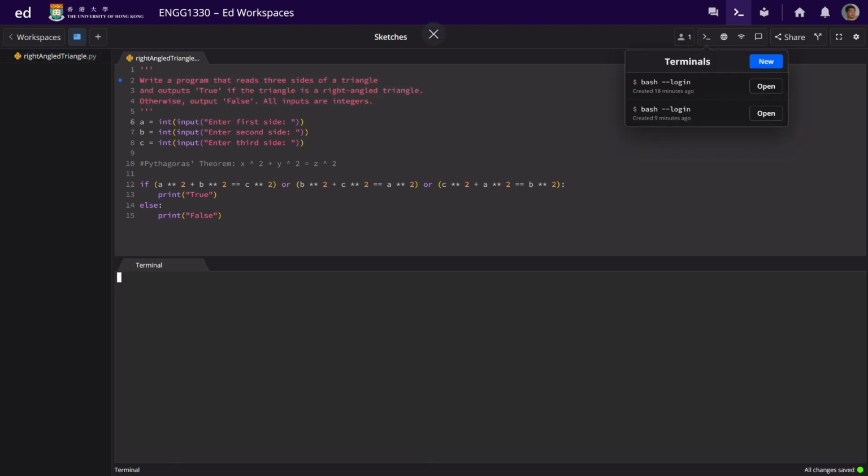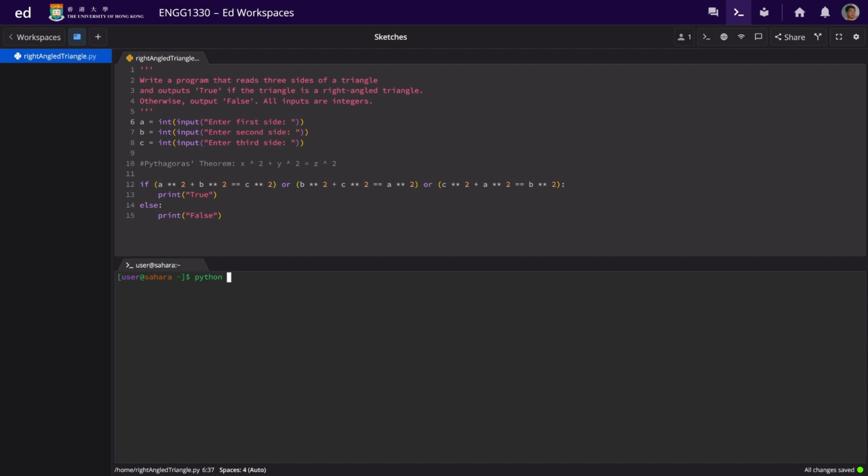We could give it a test. Python and plus the name of the file, which is right angled triangle .py. So we need to enter the three sides. Let's use the basic 3, 4, 5 combination. 3, 4, 5. We could say that our program is outputting true.